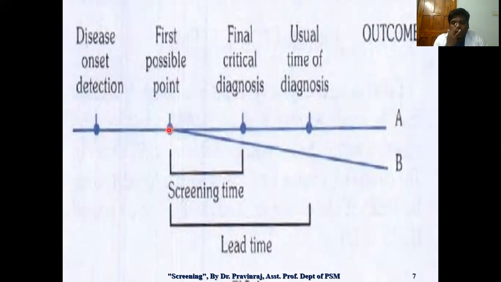Suppose you are checking screening test A, screening test B, and screening test C. In A, suppose we prevent 50,000 people, in screening test B we prevent 1 lakh people, and in screening test C we prevent 20,000 people. Now you have come to know that screening test B prevents the largest number of people, which we can find by subtracting B minus A. So if you are a program officer, you will choose screening test B for your program.